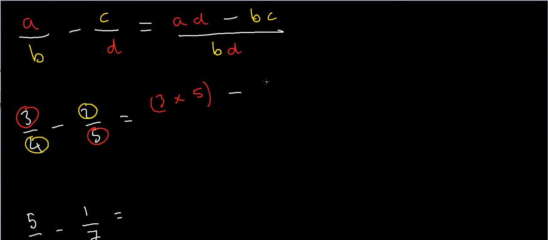And what do I get? Well, I get minus 4 times 2, as per my formula above. Now I've got to divide the whole thing by the product of whatever's on the bottom. So I've got 4 and 5, so we've got 4 times 5 on the bottom.